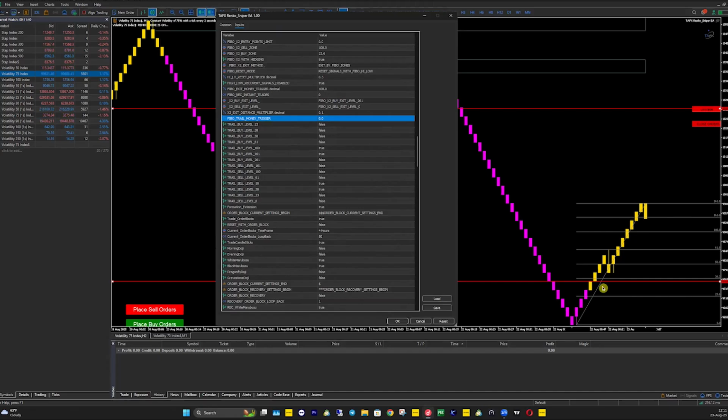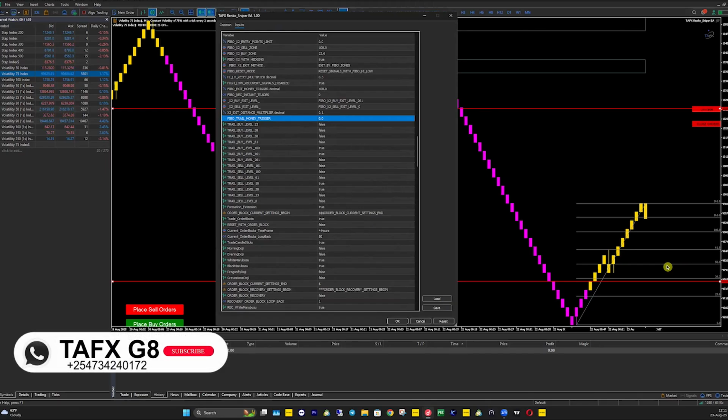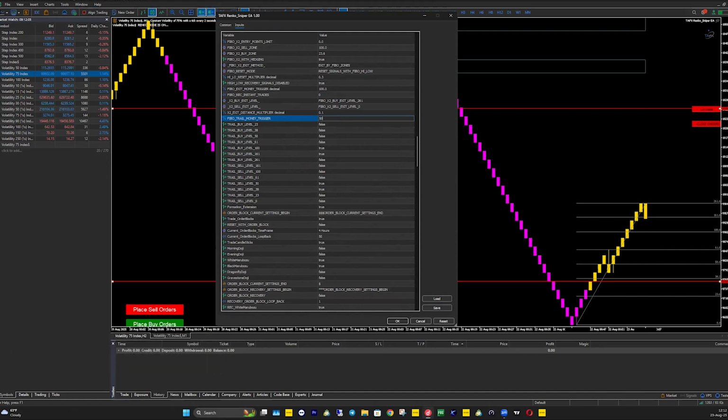This means that if you don't want the trailing to start trailing this level without a certain amount, because sometimes the levels can be too close if the market is consolidating, and maybe you are in profit of $10 and automatically it has opened the trailing. Maybe you don't like that. You'd like the system to open the trailing when it has reached a profit of $50, $100, according to the lot size that you are using, right?